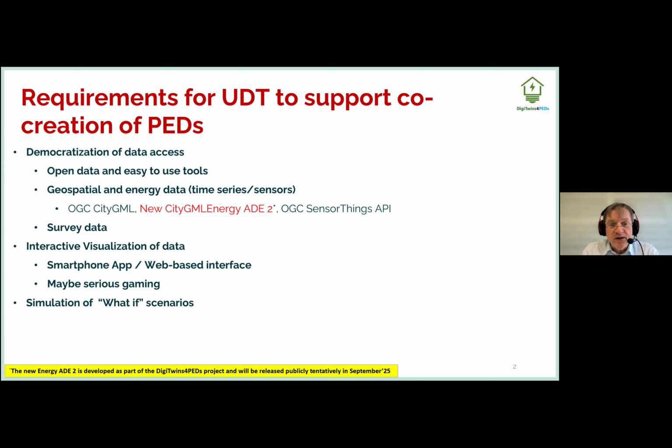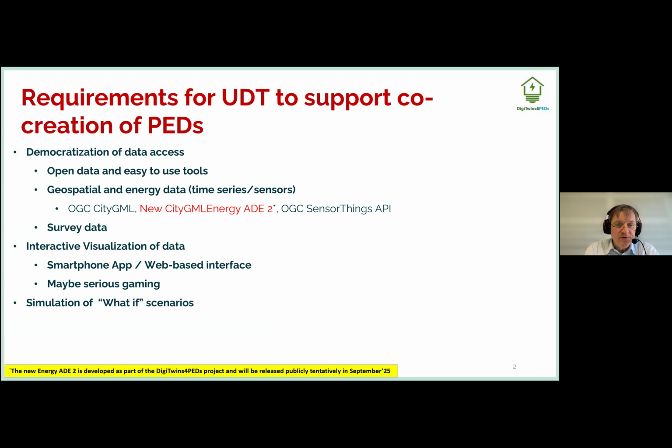What I would like to focus on today a little bit more is data. For data access, we try to build the tools based on open data, open standards, and open interfaces.